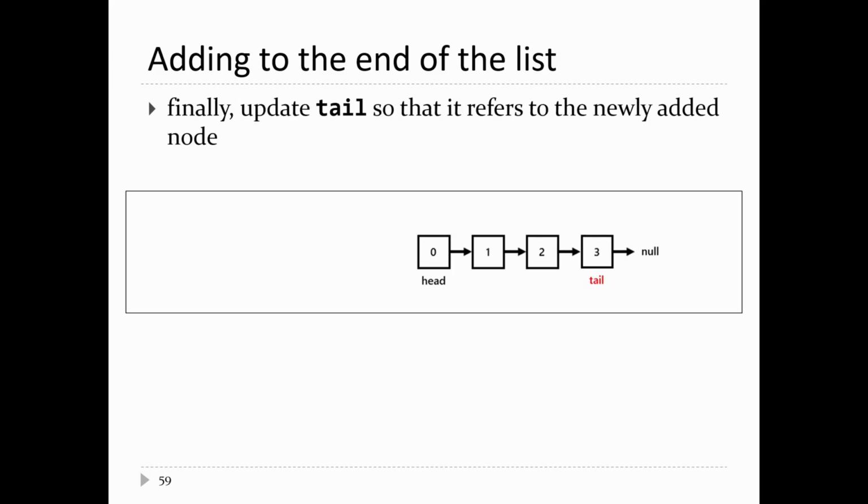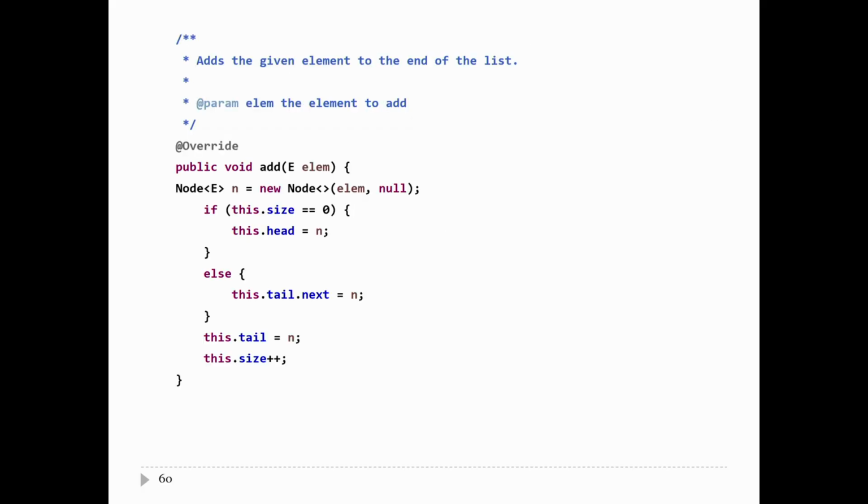Finally, don't forget we're keeping track of the last node in the list, so we have to update tail so that it now refers to the newly added node. That's actually not the last thing. You have to update the size as well, so the size now goes up to 4. So there's your add method for a linked list.